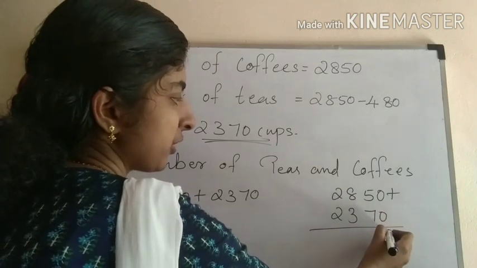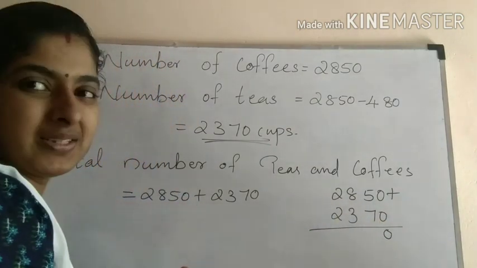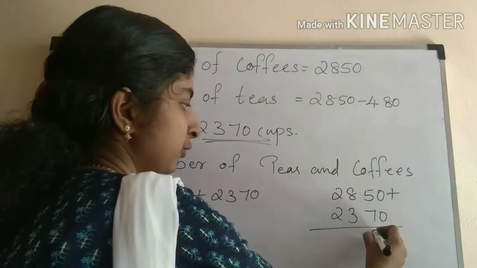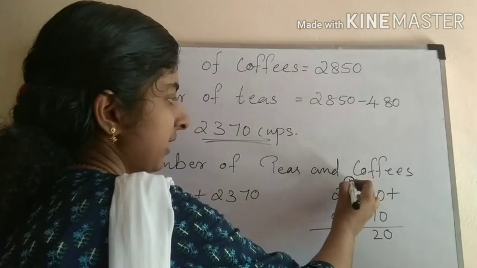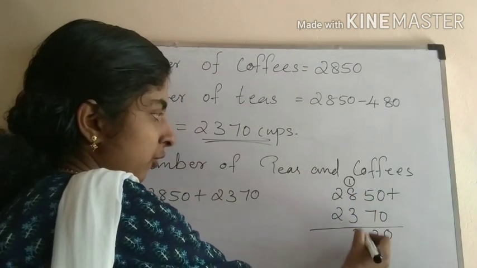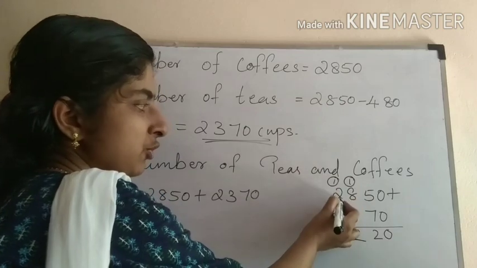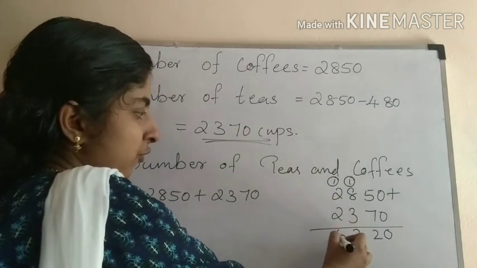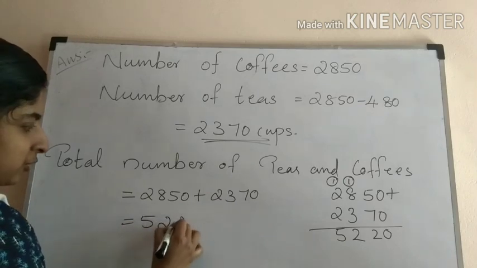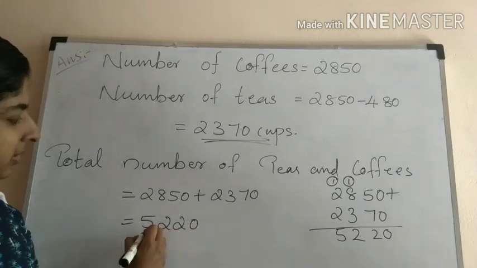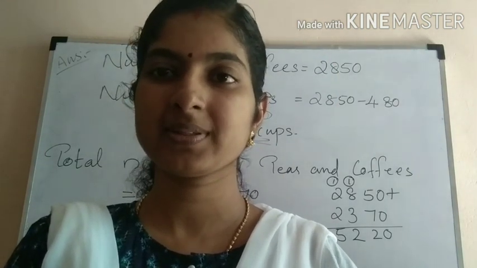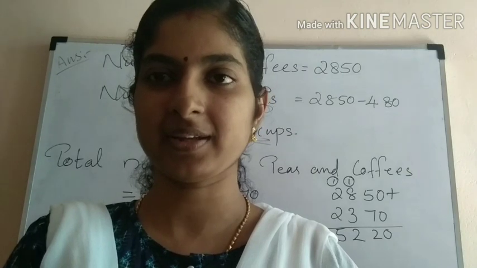See, 0 plus 0, 0. 5 plus 7, what is the answer? Yes, 12. 2, 1 is balance. Then 1 plus 8, 9. 9 plus 3, 12. 2, 1 is balance. 1 plus 2, 3. 3 plus 2, 5. That is 5220 is the answer. Today we have learned word problems based on addition and subtraction.